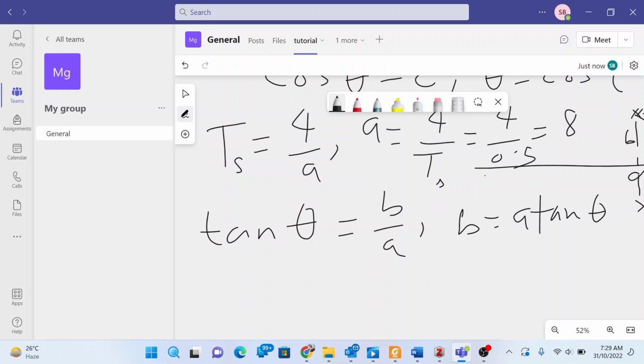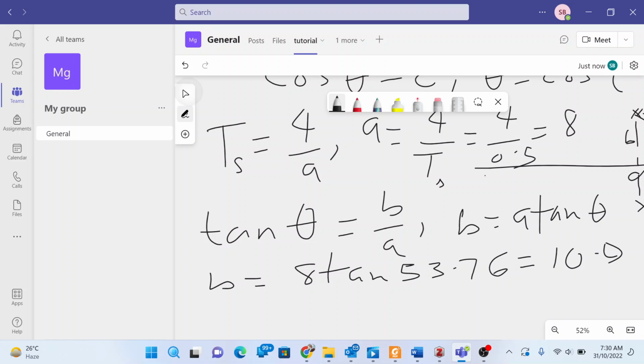So B will be equal to 8 tan 53.76. From there we'll know the value of B. The value of B is now 10.9.